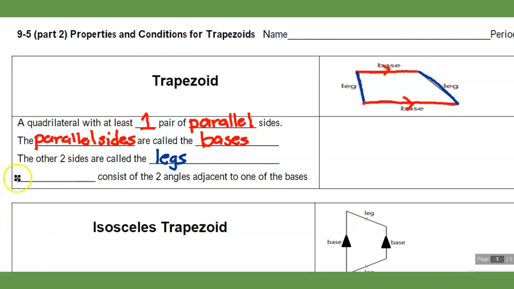And then lastly, we have some base angles. Okay, they consist of the two angles adjacent to one of the bases. So if this is one base right here on the bottom, the two adjacent angles would be right here and right here.